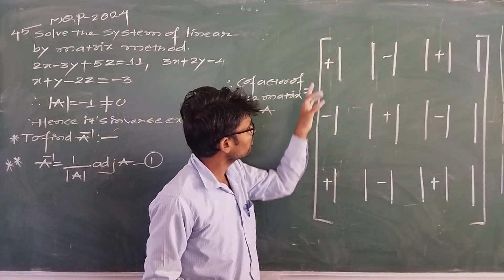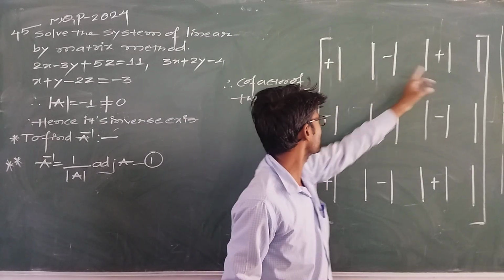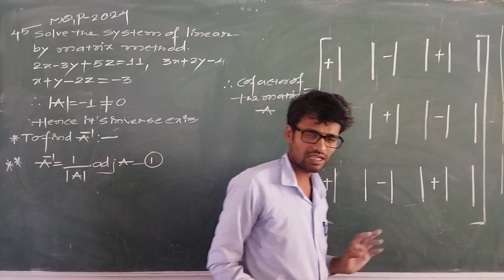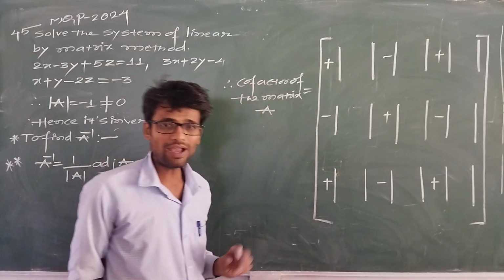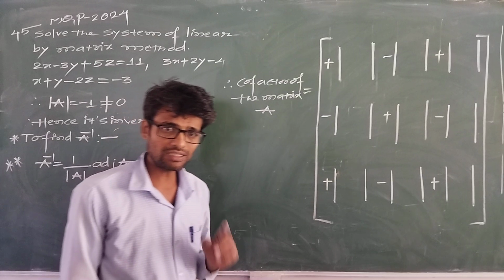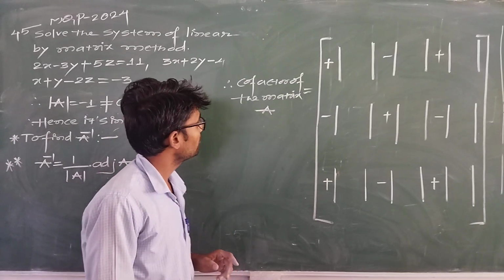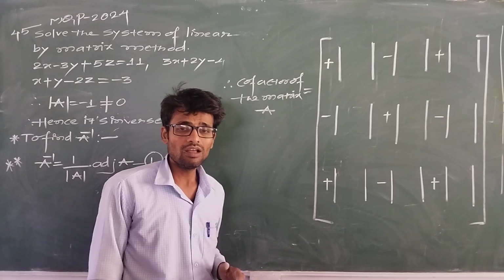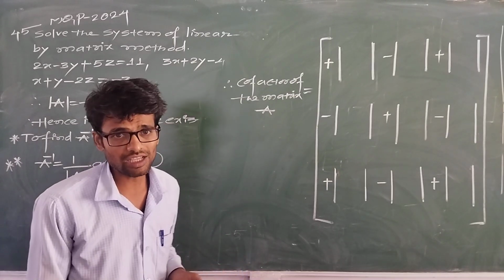So why am I writing plus, minus, plus, minus, plus, minus, plus, minus? Because while finding the cofactor of the matrix A, we are finding the cofactor of each and every element.